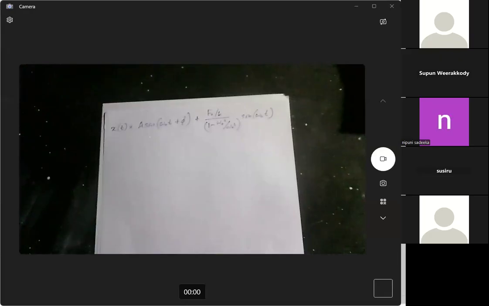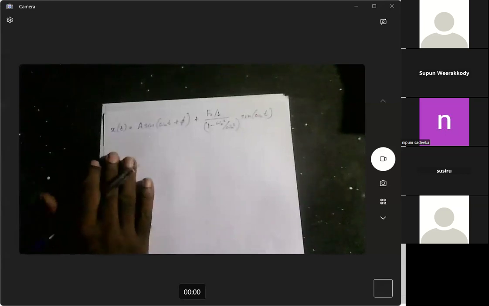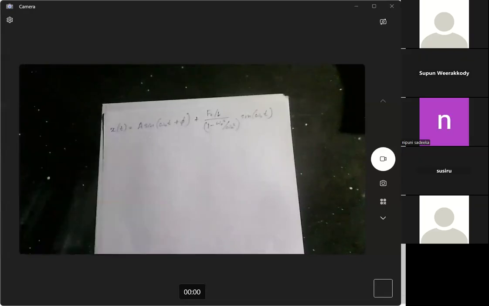Now when you look at this solution, we can come up with some properties of this undamped forced vibration system. You can clearly see that this equation of motion is governed by two different sine functions, right?